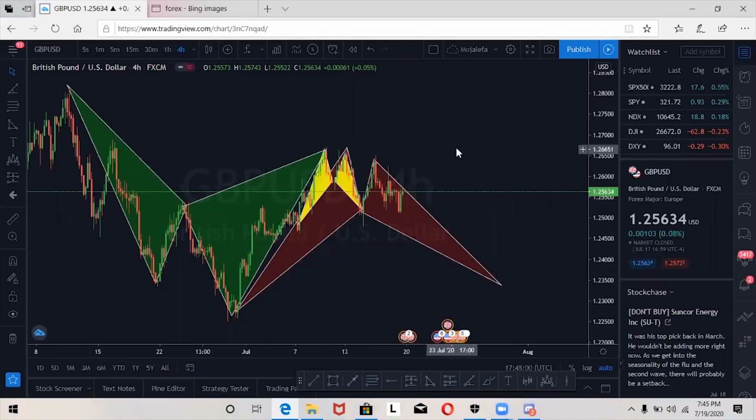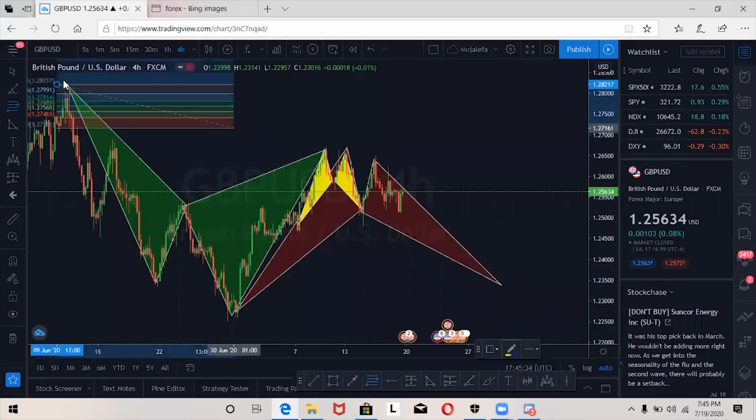Another reason why I just love taking the bed and the butterfly into consideration a lot is that the other ones, like the cipher, the sharks, the cradle, require a lot of knowledge, whereby you use a fib to know that if the other wing is somewhere there, then the other wing is gonna be somewhere.